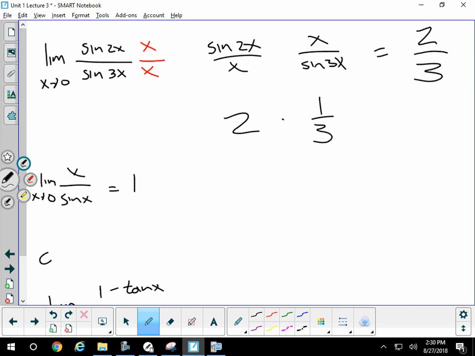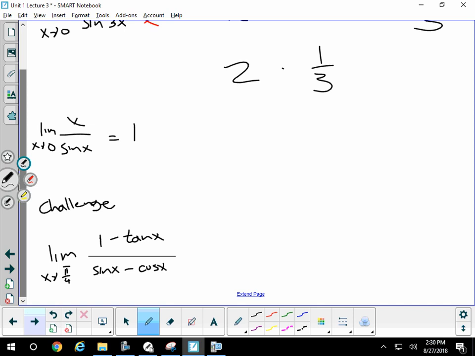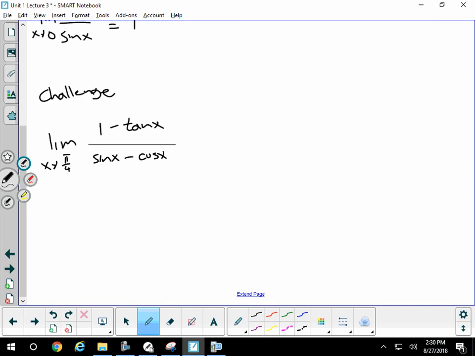This is our challenge problem for the day. I'd like us to try to tackle this one. I haven't done it in a while, so I don't know what the answer is. Well, let's see if we can figure it out.